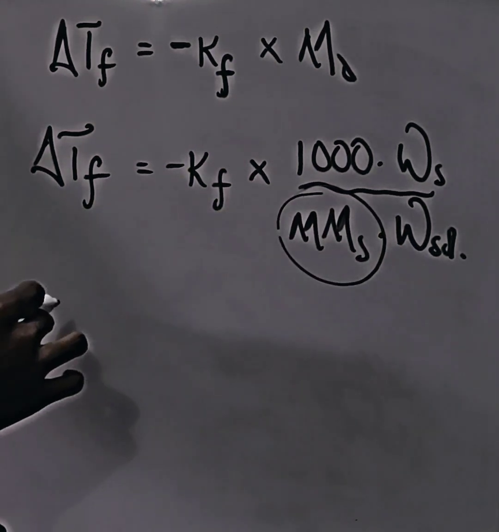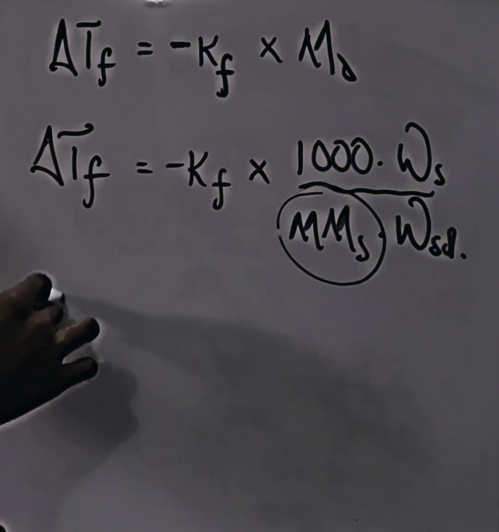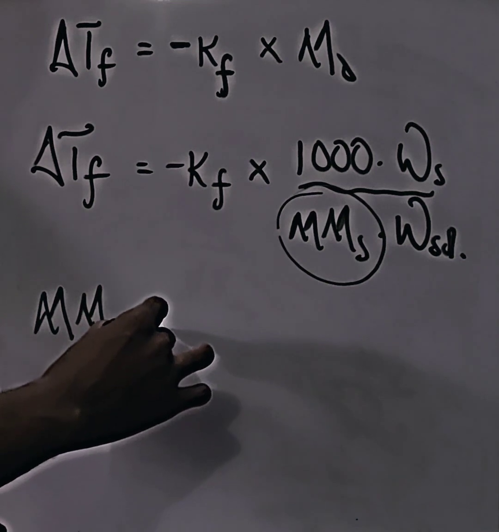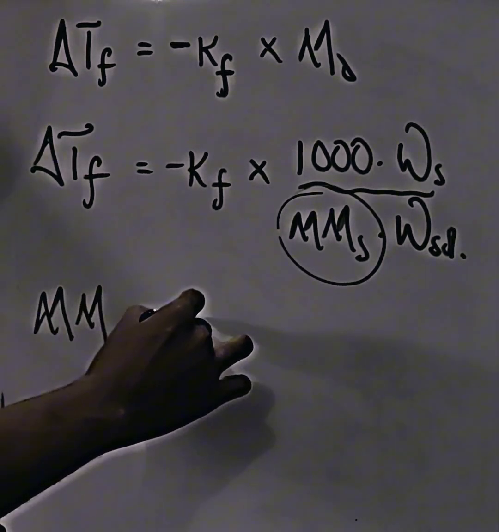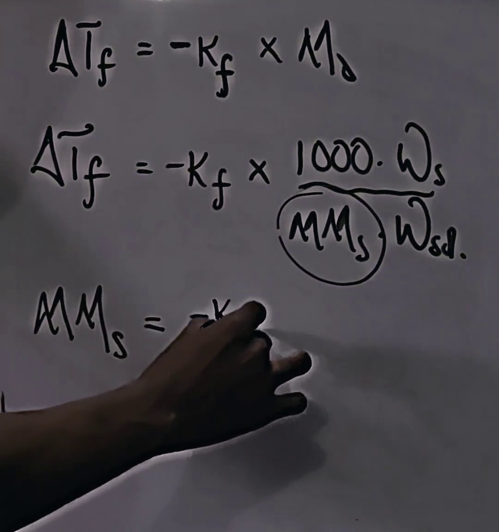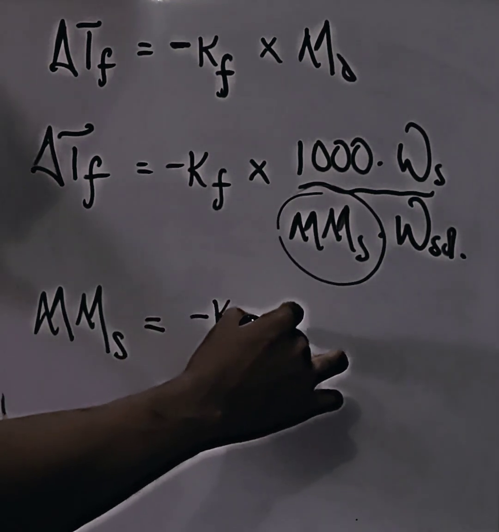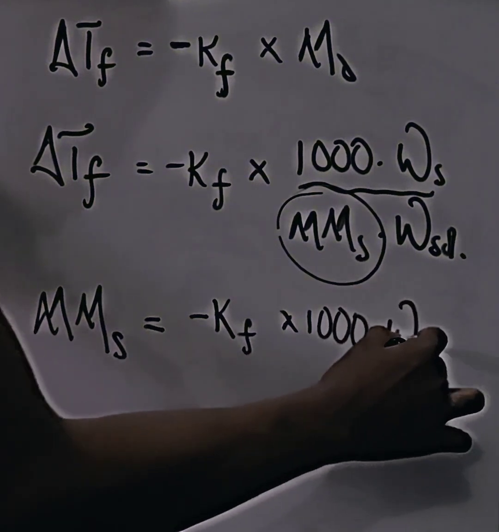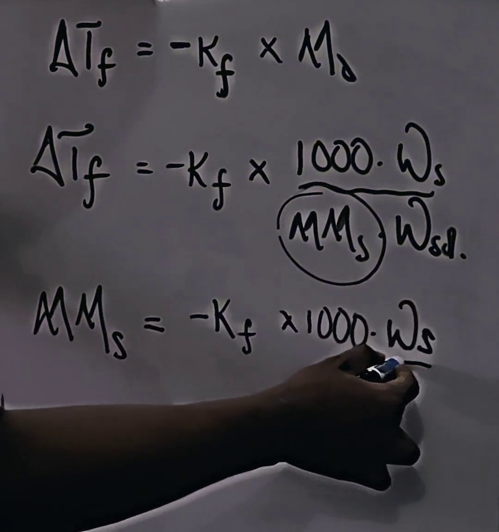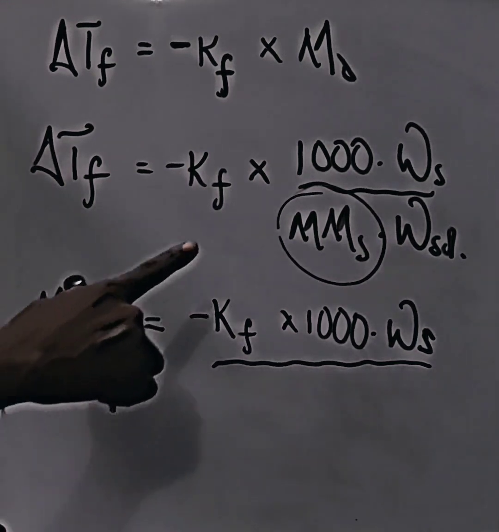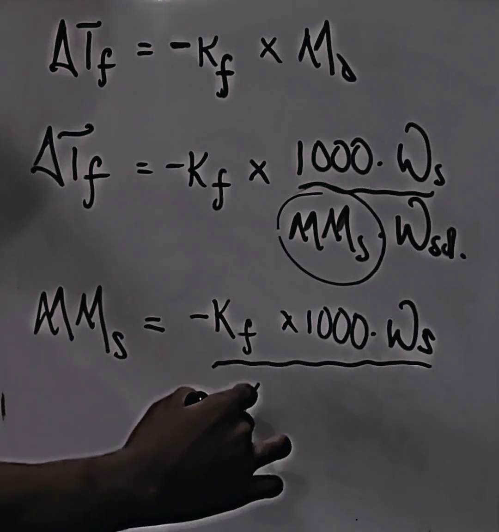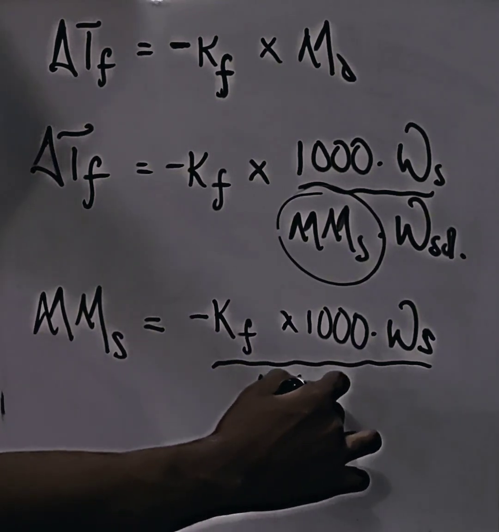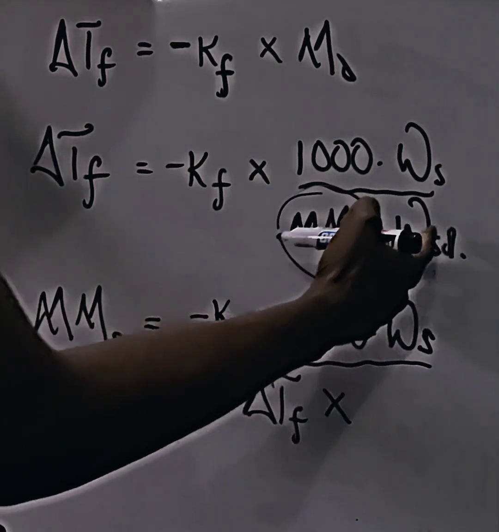And if you do that correctly, you're going to have molecular mass of the solid equal to minus Kf, multiplied by 1000 weight of solids, divided by the freezing point depression, multiplied by weight of solution.